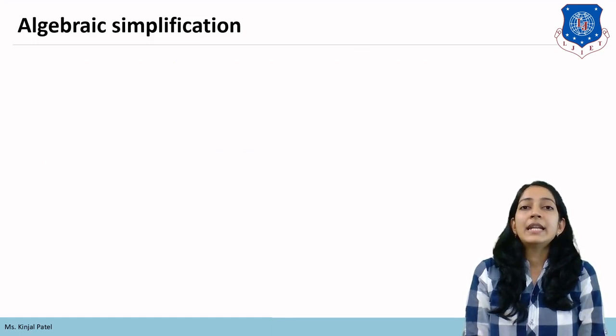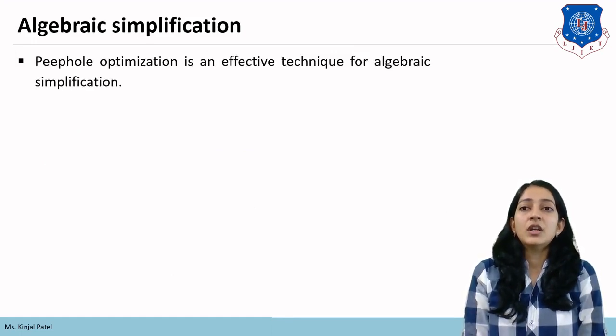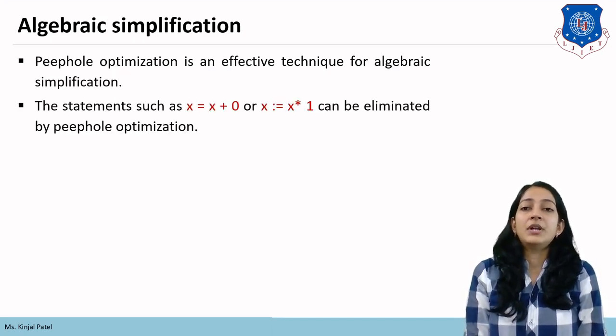Now the third technique is algebraic simplification. Peephole optimization is an effective technique for algebraic simplification. For example, if the statement is x equals x plus 0, then that statement can be eliminated because the evaluation of that expression will not change the value of x.